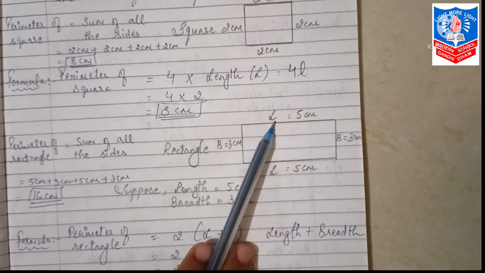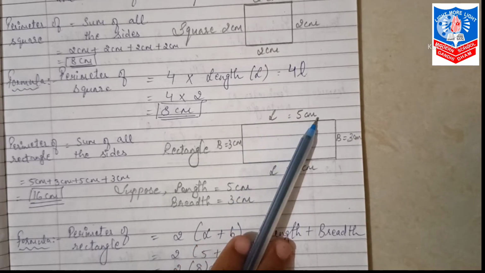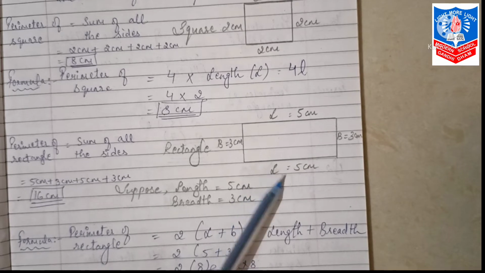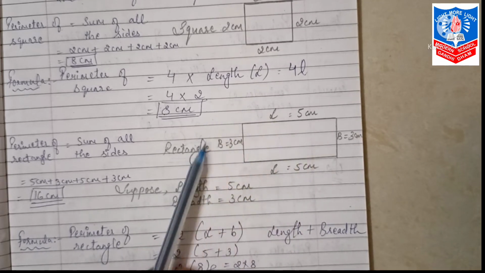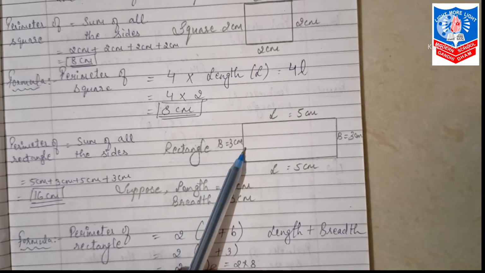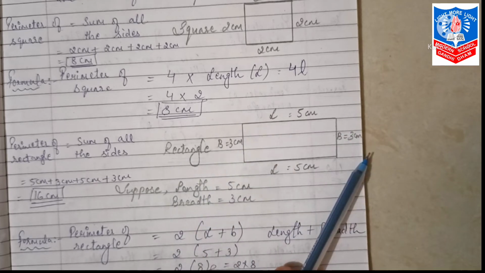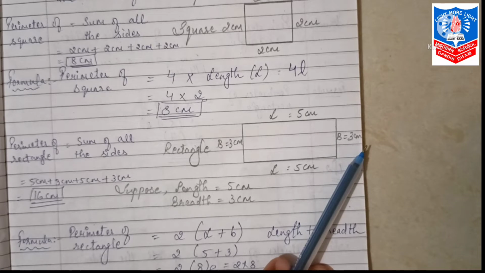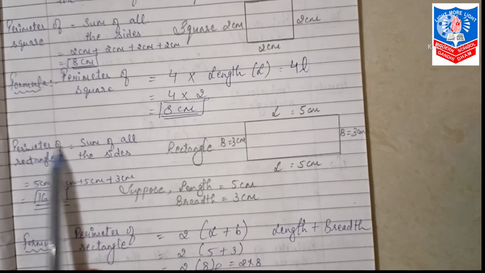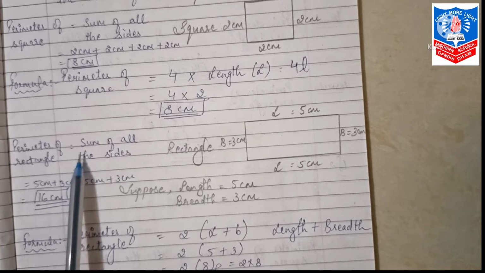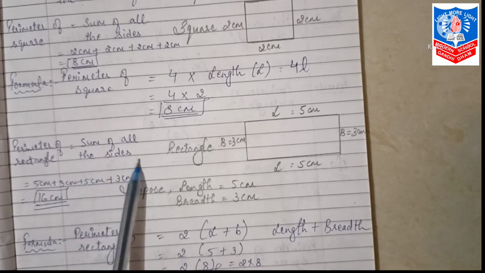Suppose you are given length is equal to 5 centimeter. So on the opposite side also we will write length is equal to 5 centimeter. And breadth you are given 3 centimeter, and the opposite side also I have written 3 centimeter. Now first we are going to apply perimeter of rectangle equals sum of all the sides.